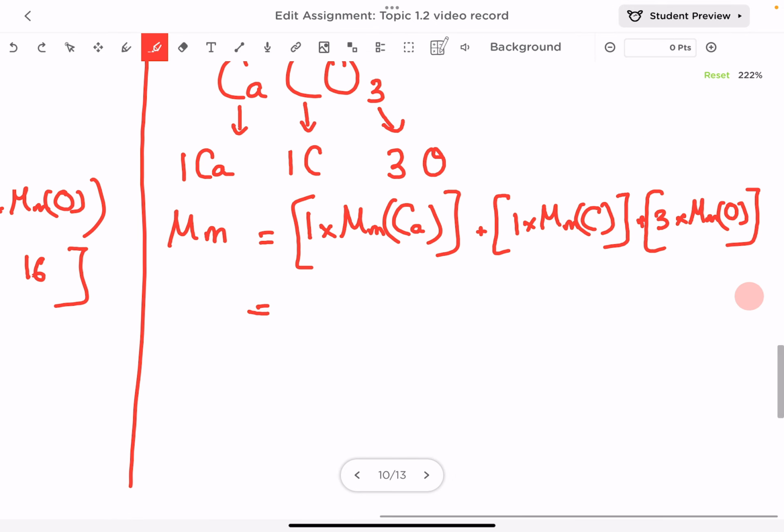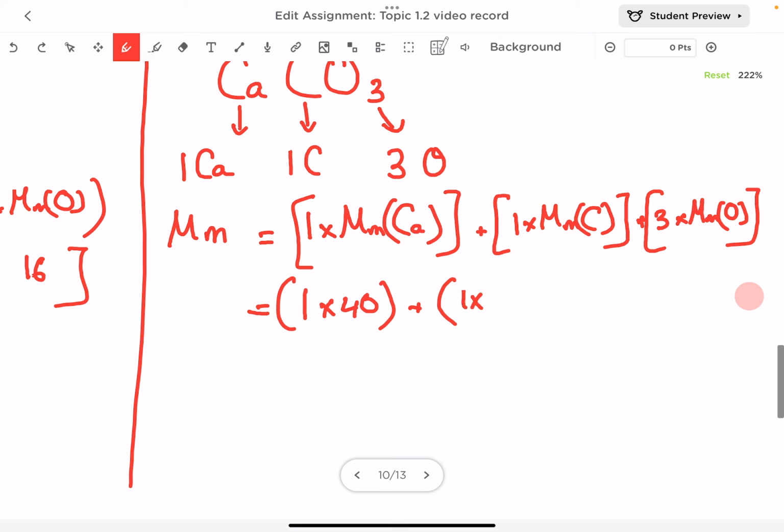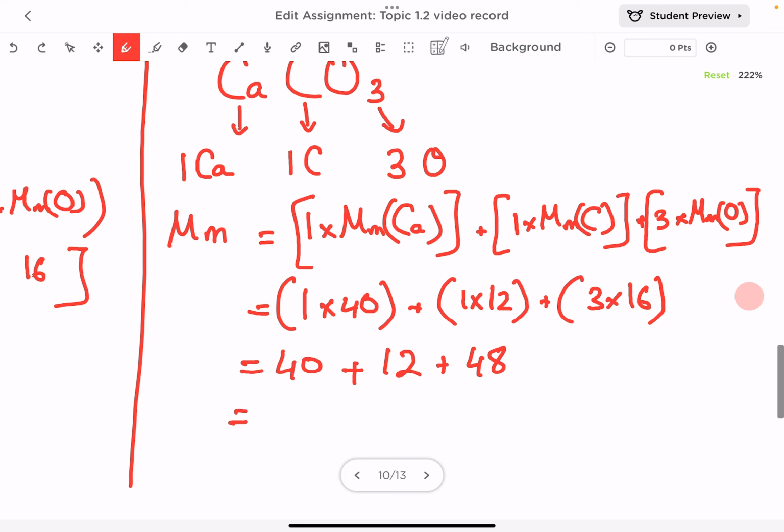So I'm going to put the answer here: 1 times 40, 1 times 12, and 3 times 16. So the final answer would be 40 plus 12 plus 3 times 16. 3 times 16 is 48. And the final answer is 100 grams per mole.